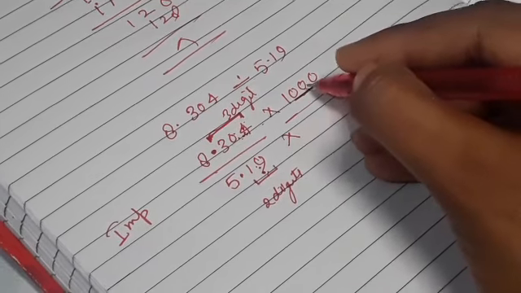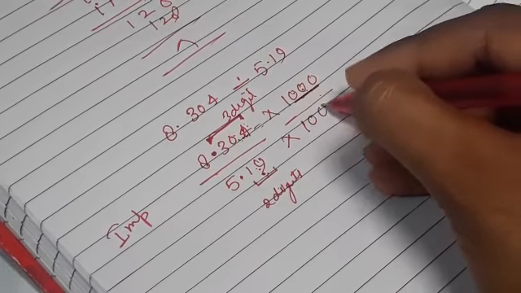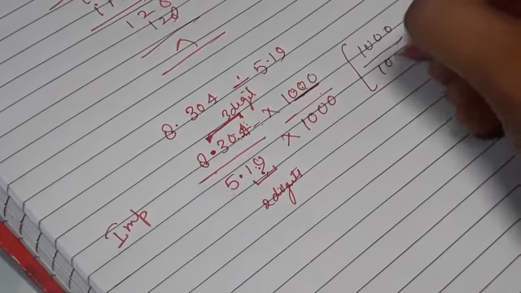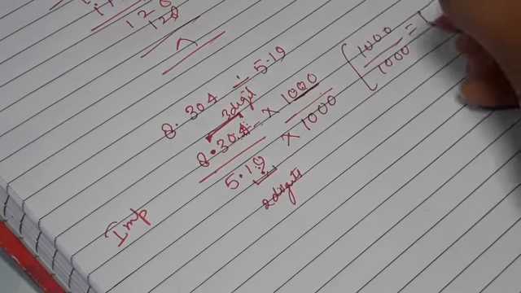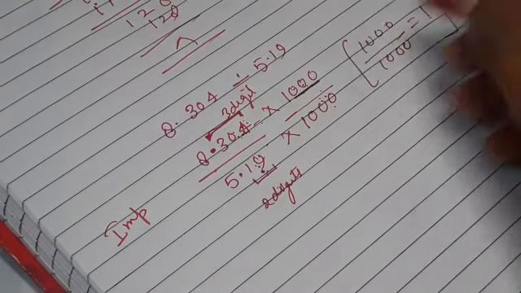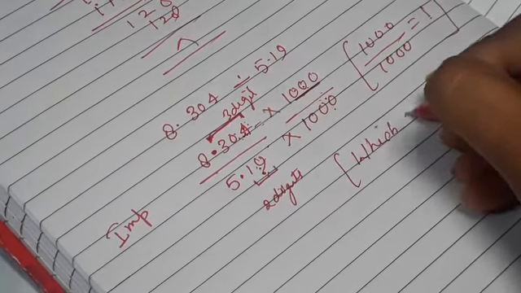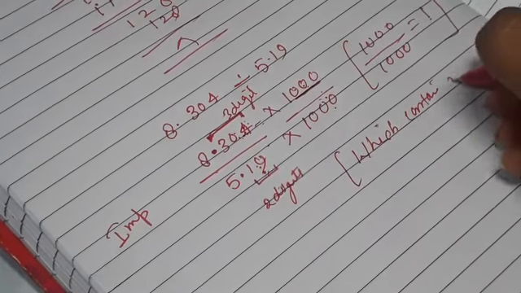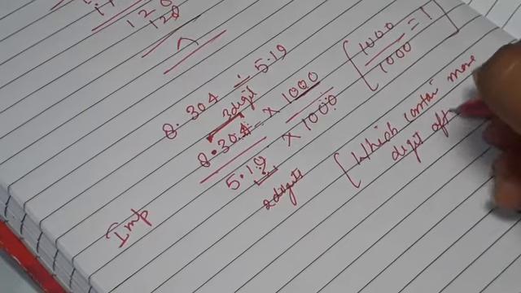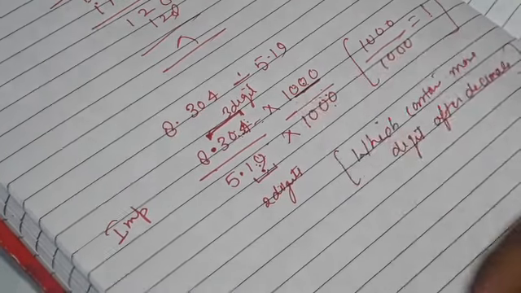And if you multiply your numerator by 1000, divide by 1000 also, because 1000 upon 1000 equals 1. So there is no change in the value. But the important part is which contains more digits after the decimal.